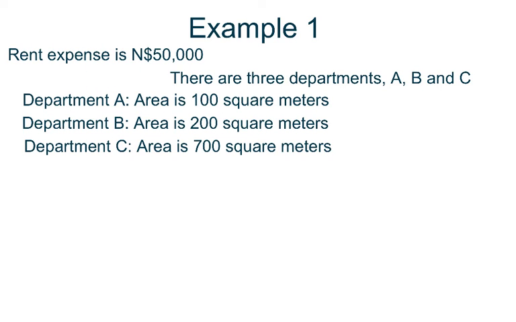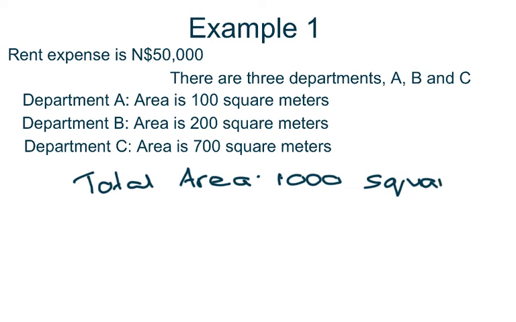So how do we start with this? We are now saying that we have 100 plus 200 plus 700 square meters, and if we add it up, our total area will be 1,000 square meter. So in other words, our total rent expense of 50,000 must be divided into 1,000 square meter.